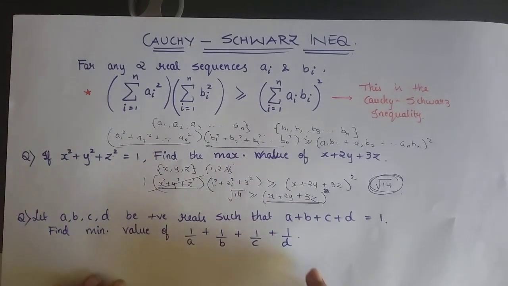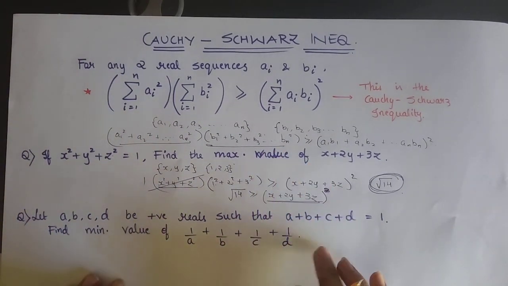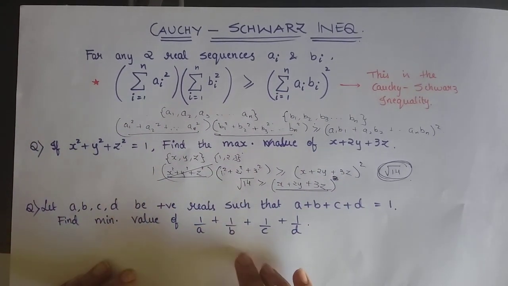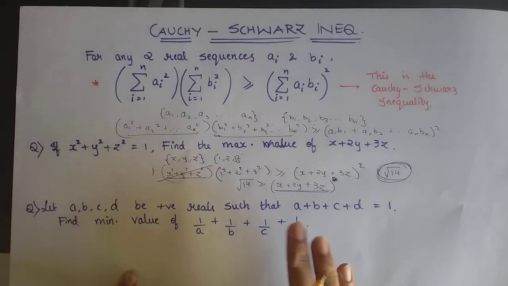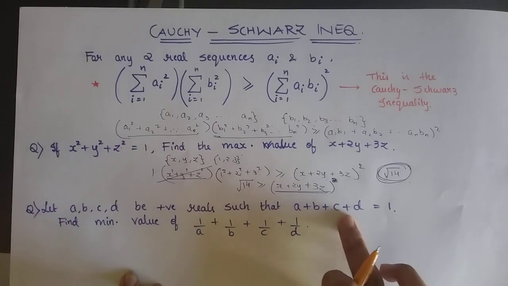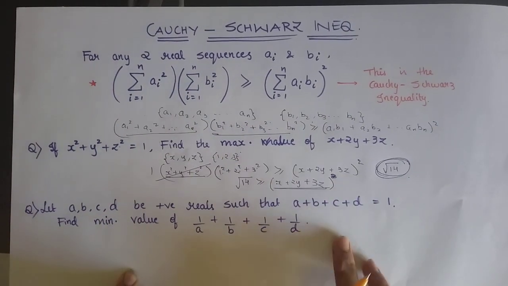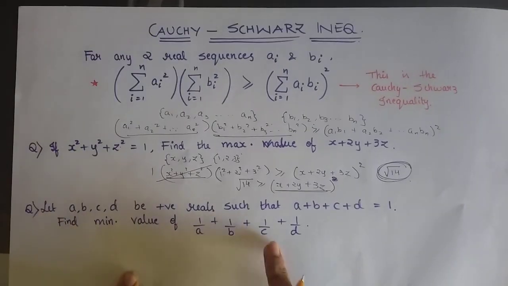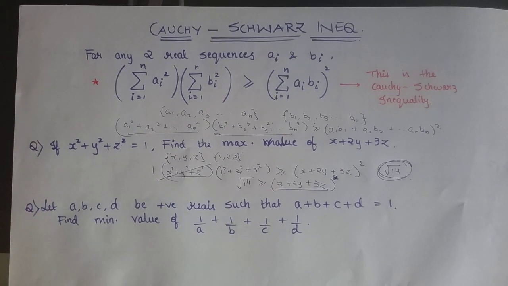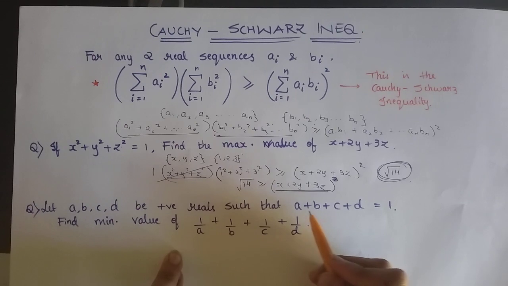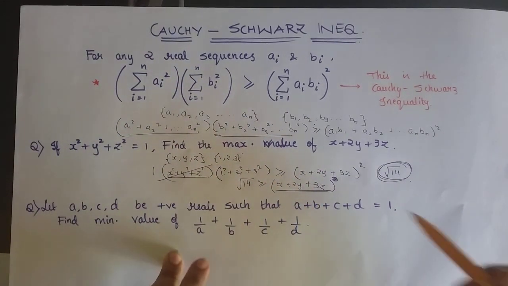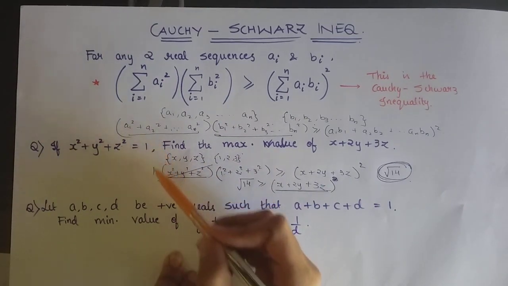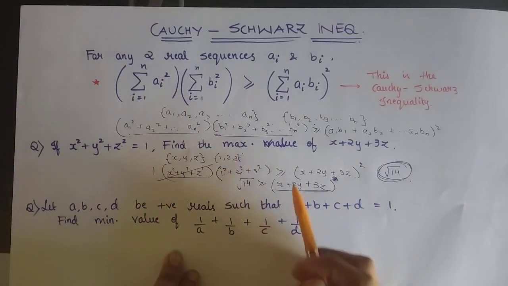So in this way we solve this problem using the Cauchy Schwarz inequality. Let's see the next one. Let a, b, c, d be positive reals, that is the condition they are giving, such that a plus b plus c plus d is 1. They're asking what is the minimum value of 1 by a plus 1 by b plus 1 by c plus 1 by d. Now be careful, don't go making sets as a, b, c, d and 1 by a, 1 by b, like that, because that will bring the terms 1 by a square plus 1 by b square, which we don't want.